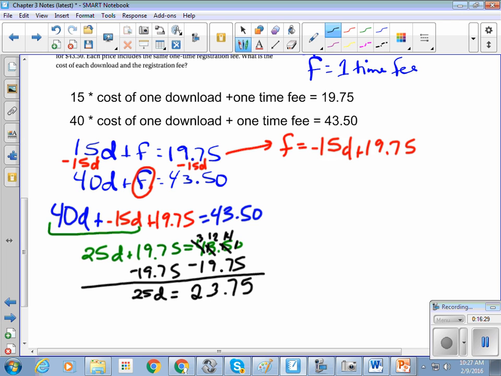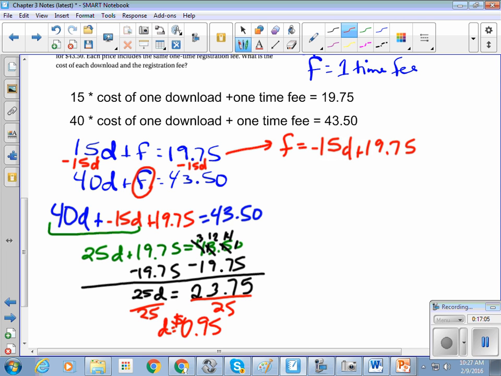And then lastly but not least, we're going to divide by 25. 23.75 divided by 25 equals 95 cents. 95 cents. What? Our download fee is 95 cents.